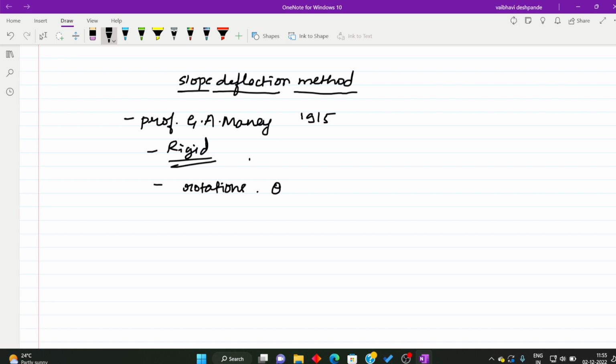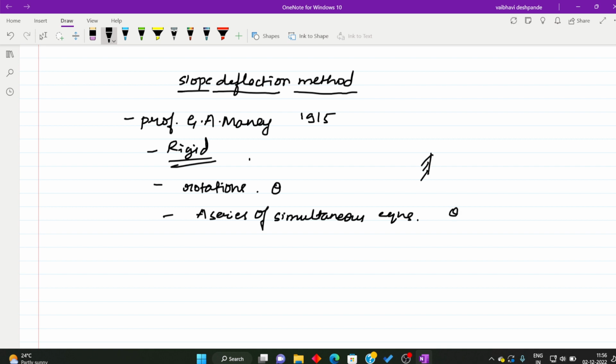So the rotations are the unknowns, and we are writing a series of simultaneous equations to find the unknown rotation values.